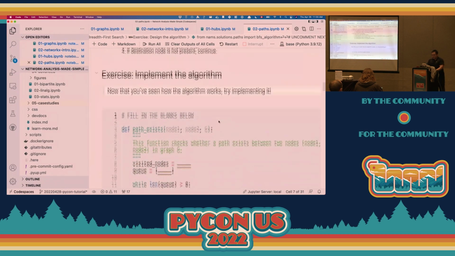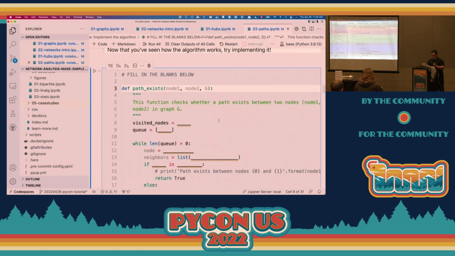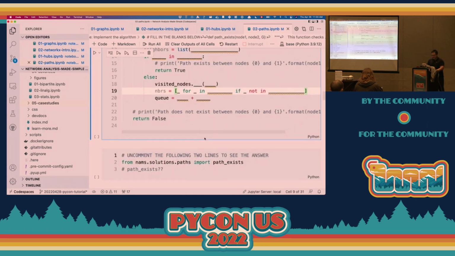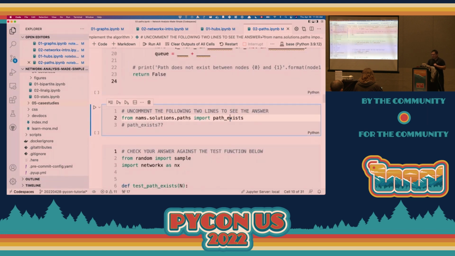Cool. So we're not going to actually implement the algorithm over here. And the reason I said this was the most complicated exercise in the tutorial is for exactly that reason. Now, it's also from the perspective of, did we even need to do a breadth first search algorithm? No, because that is baked into NetworkX.